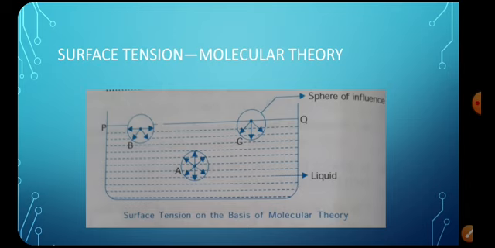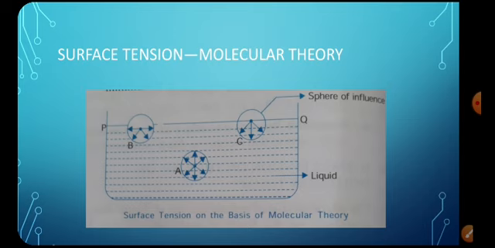The examples for surface tension are soap bubbles. If you produce soap bubbles with a ring and soap water, at first the bubble shape is different, dumbbell or oval shape, but after it comes out from the ring, it becomes spherical.